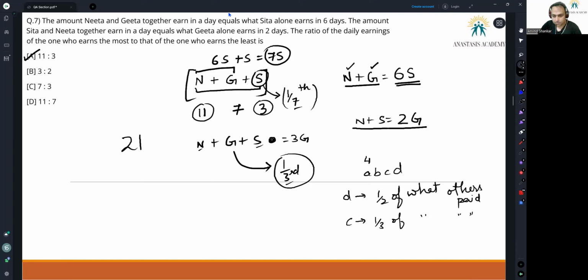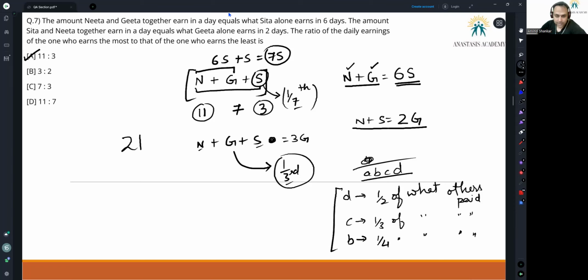And B paid 1/4 of what others paid. So what fraction of payment was made by A? मान लो ये सवाल है. 4 friends ABCD went to a restaurant, and D paid half of what others paid, C paid 1/3 of what others paid, and B paid 1/4 of what others paid.